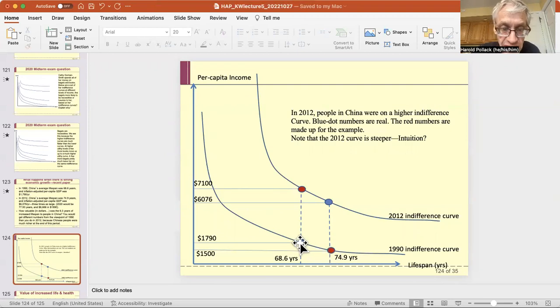So, if you're at 1790 per capita income, you definitely want to live to that longer lifespan. But you're really at a point where your basic needs are more difficult to meet. If you're the 2012 person, you're like, I got a lot of stuff, if I could live another 9 years on average, boy, I'd be happy to give up a lot of my income.